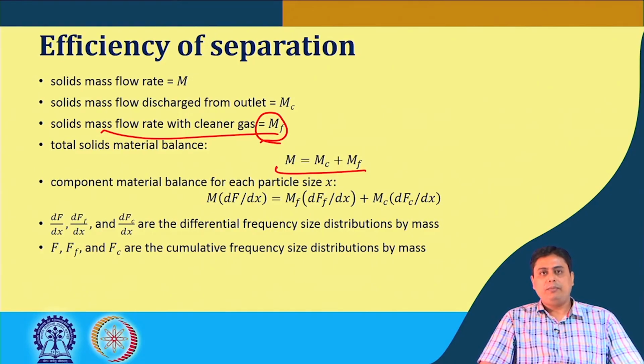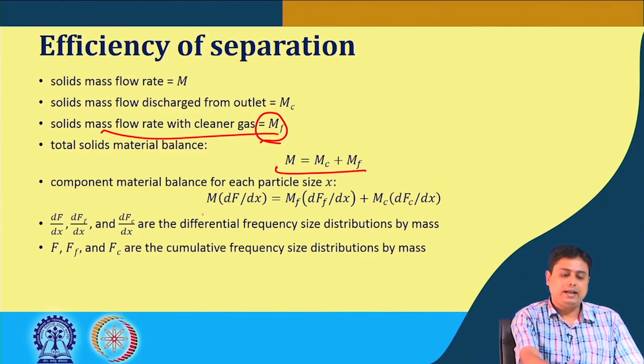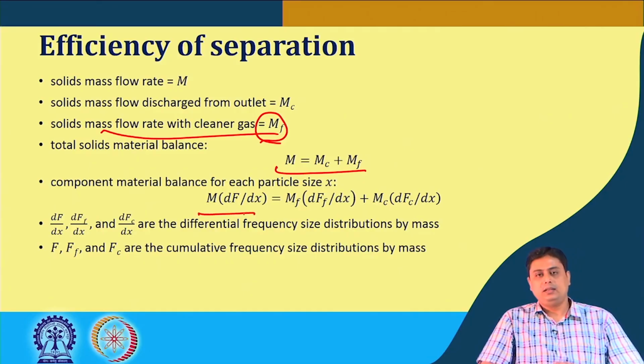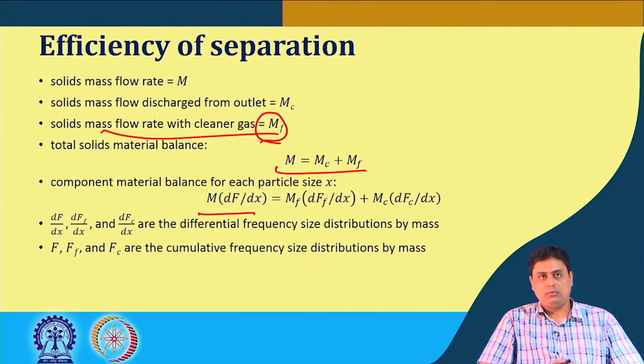And if we do the component material balance for each particle size x, then we write m multiplied by df/dx, the differential frequency size distribution of the solid particles for the inlet, that is the flow coming into the cyclone separator.